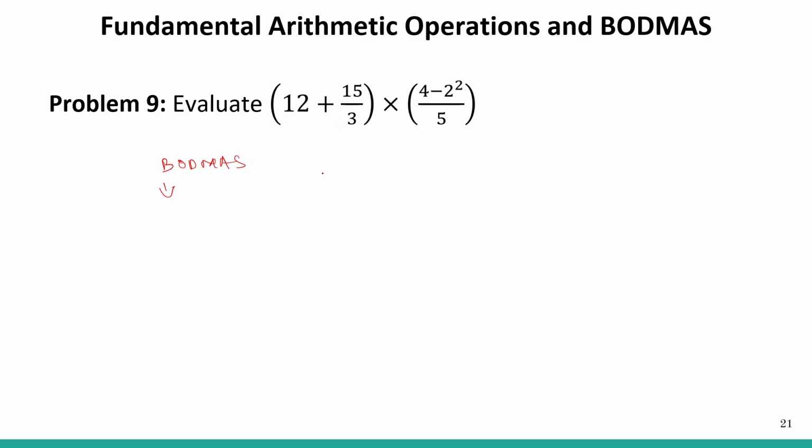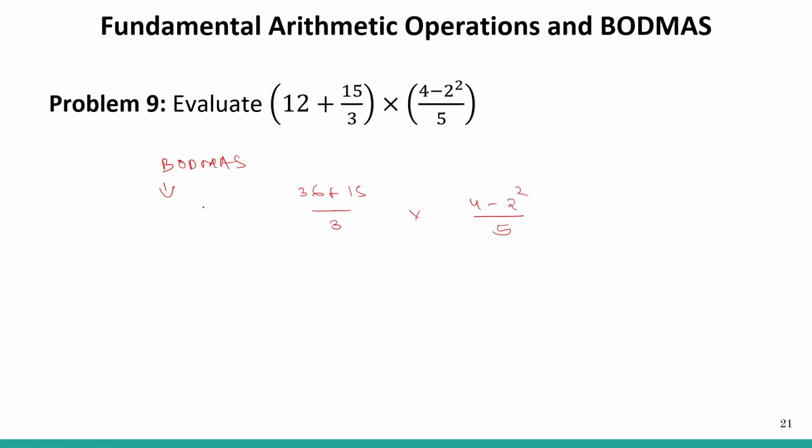Okay. So simplifying these brackets, what will be left with us is 36 by 3. So 36 plus, this is 15, then multiplied by 4 minus 4 by 5 or 2 square, let's say for this time.